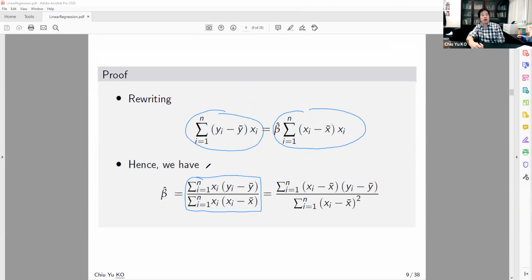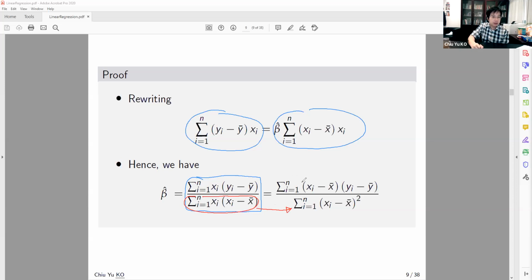And from this fraction, we will prove in the next slide that you can rewrite the denominator nicely as a sum of squares.